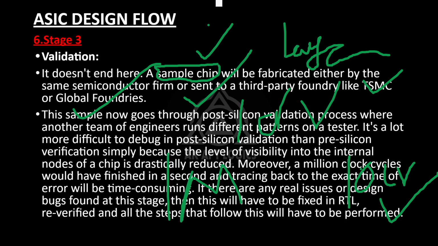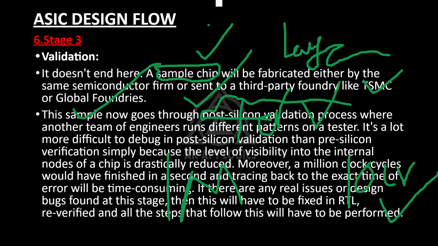The sample now goes through the post silicon validation process. Post silicon validation means we are going to test this particular chip again to see whether the functionality is okay or not. Another team of engineers must run different patterns, in the sense test cases, stimulus or input combinations.